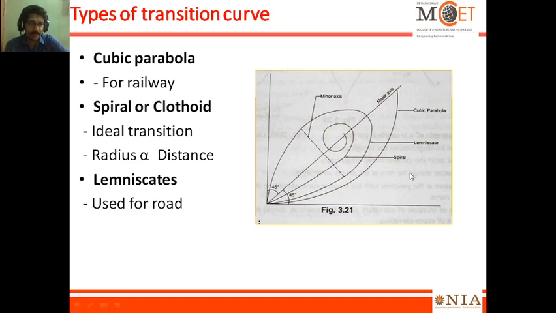Such a curve is adopted in roads. These are the types of curves you may study in mathematics, so try to remember those properties which are directly applicable in the construction of roadways and railways, right?